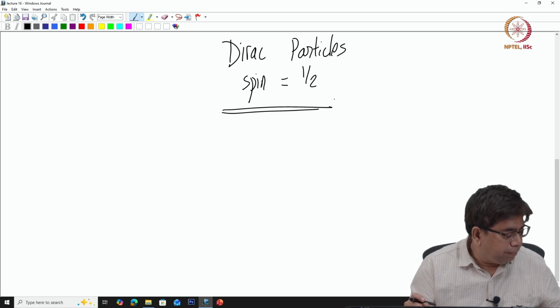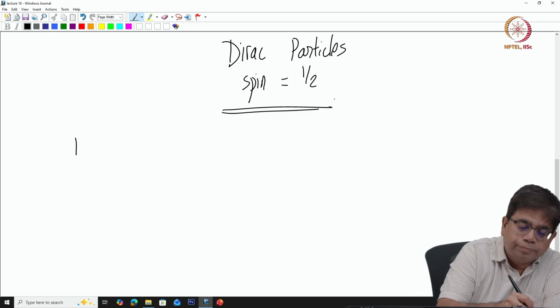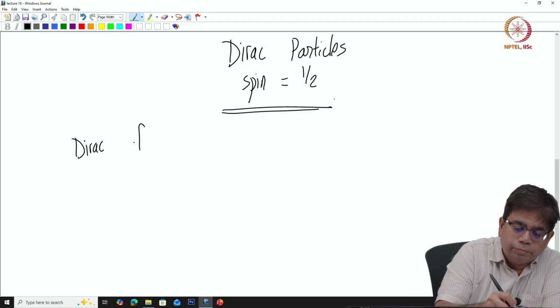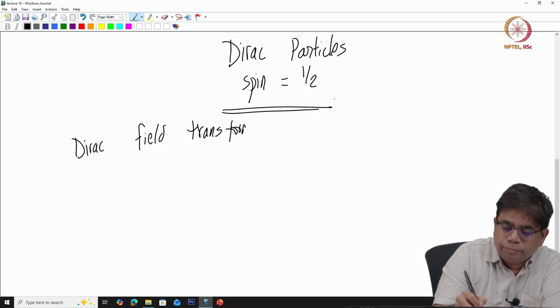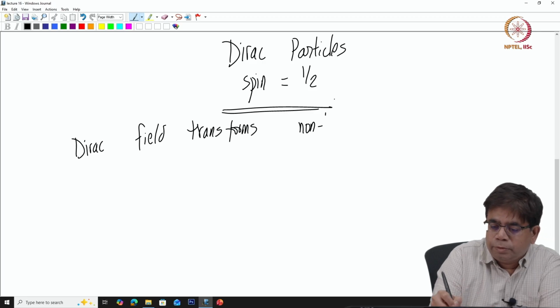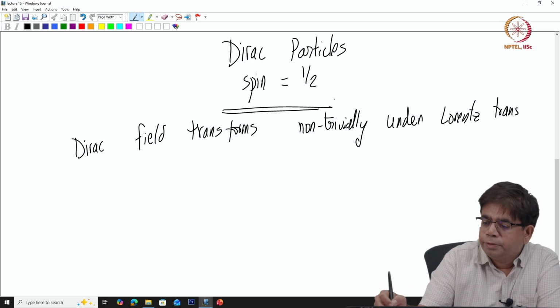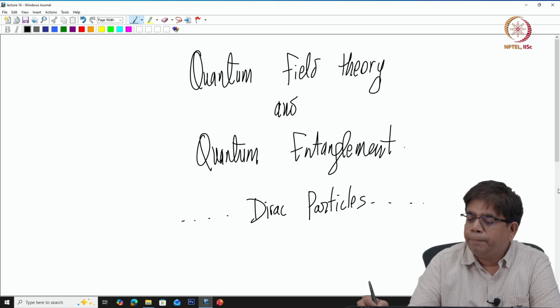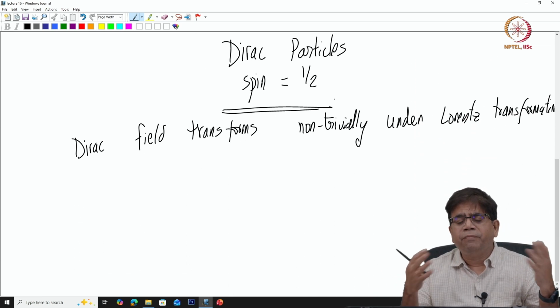So the Dirac field transforms non-trivially under Lorentz transformations, right? What I mean by that essentially is that the scalar field is just an invariant quantity.